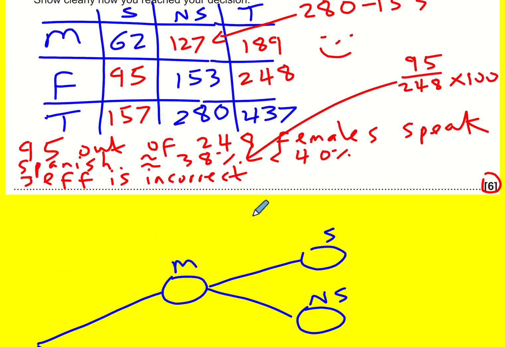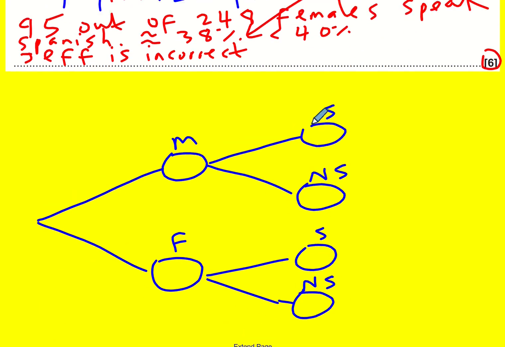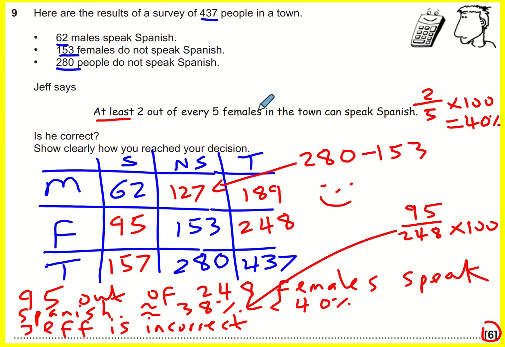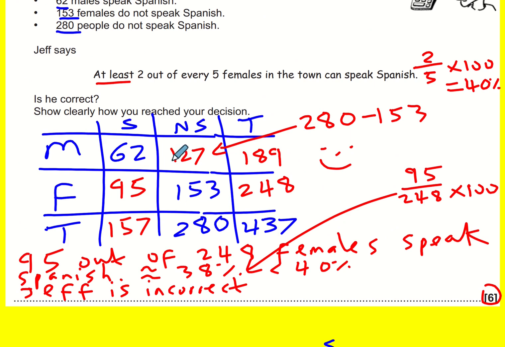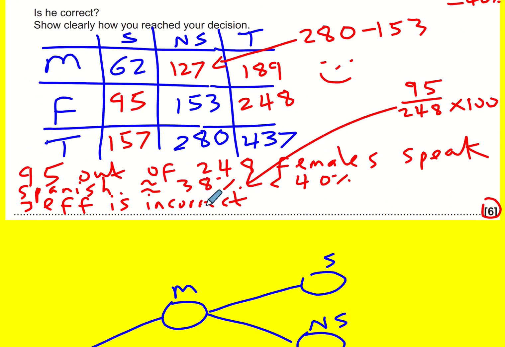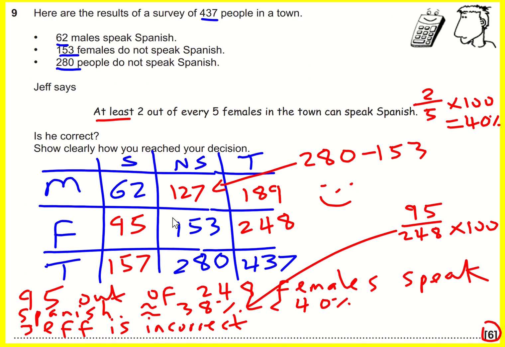So it's actually some of the boxes in the two-way table, but not all of them. But maybe you might be somebody who finds the two-way table a little bit less easy to construct at the beginning. So this approach does still work.